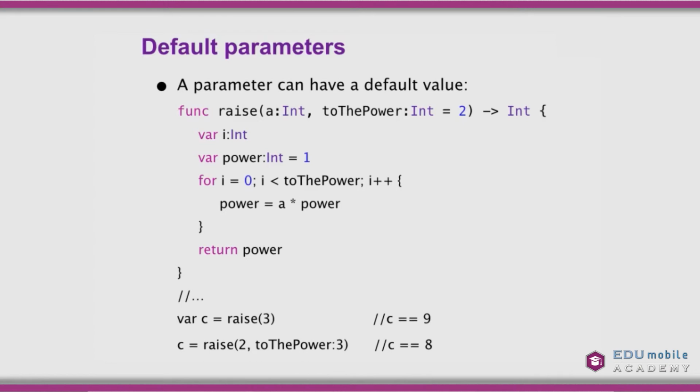We made this have a default value of 2. So inside we do our power function, and then outside we can call var c equal raise 3, and this will square 3. We can also call c equal to raise 2 to the power 3, and this will give us back 8, of course, 2 to the third being 8.